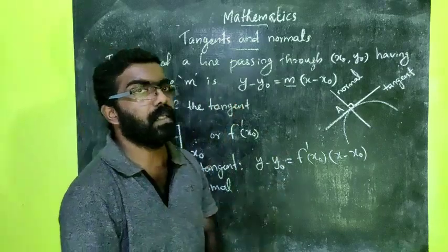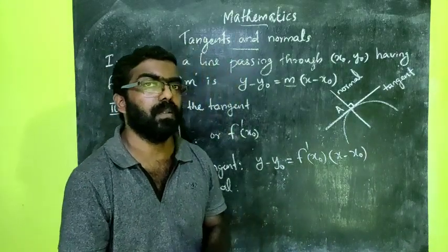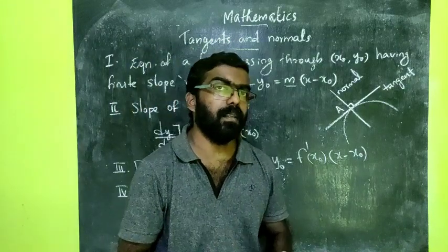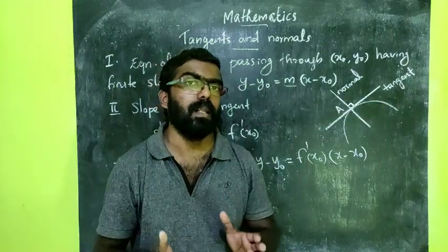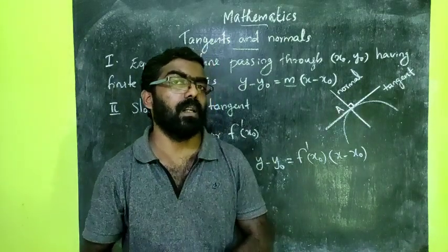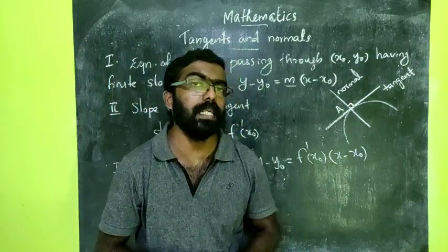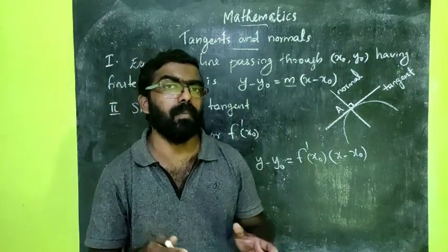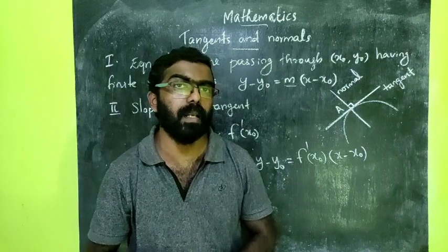When two lines are perpendicular the product of the slopes will be equal to minus 1. That also you have learned in 11th standard. If two lines are parallel, then slopes are equal, m1 equal to m2. If two lines are perpendicular, then m1 into m2 is equal to minus 1, or we can say the slope of one line is the negative reciprocal of the other. That is, m1 equal to minus 1 by m2, or m2 equal to minus 1 by m1.